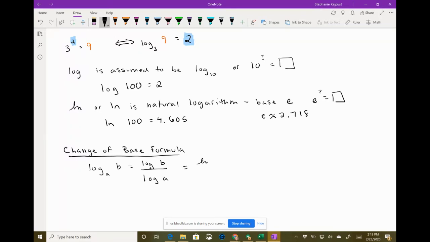It is also equal to the natural log of b over the natural log of a. So you can do it either way. You can use whichever button you have access to on your calculator, and you can then convert from one base to another by using this change of base formula.